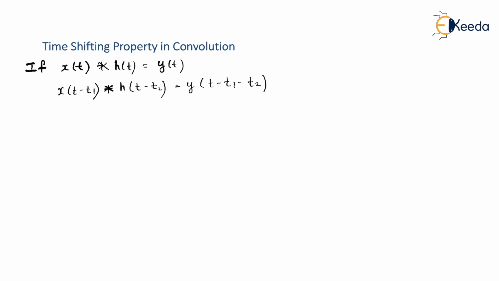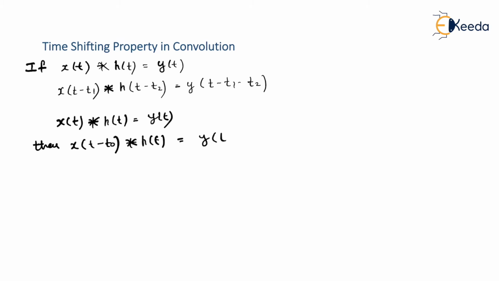Or I'll just make it quite simpler. Let me just take, if x of t convolve with h of t, it's simply y of t. Then let's say x of t minus t naught convolve with h of t, it is simply y of t minus t naught. So what is happening, I'll tell you.